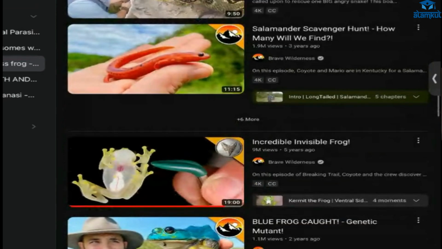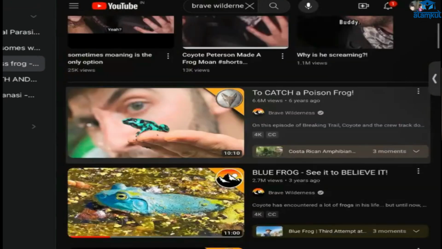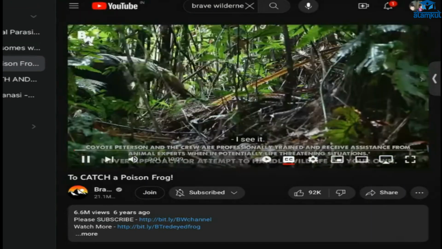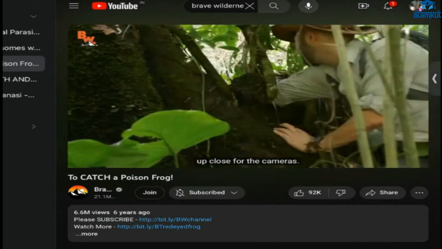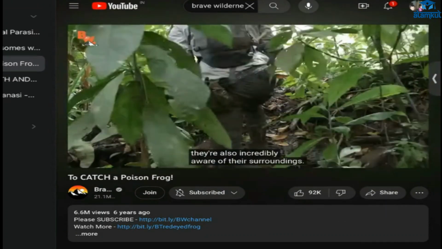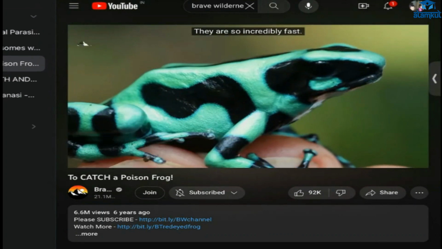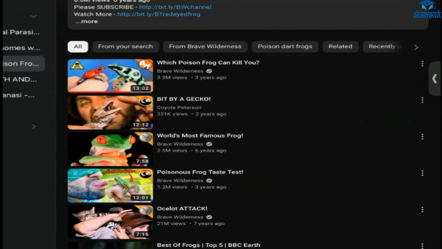This one looks attractive. This is the invisible frog. You can watch this one. This is dark coloration, it is poisonous. They are giving the species names. This one is the strawberry one.